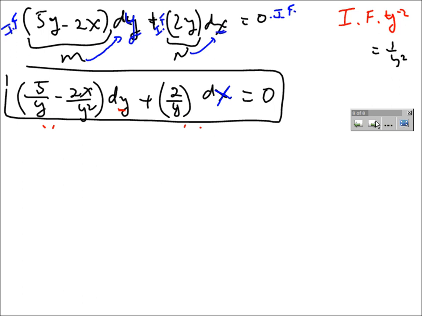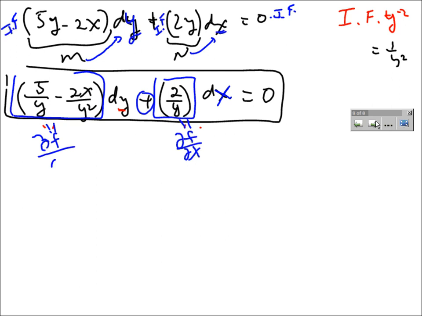Now, personally, this function looks a lot simpler than that function. So I'm going to call that df dx. And including that sign, there was a minus. Include that df dy. So if df dx is equal to 2 over y, that would imply integrating with respect to x.